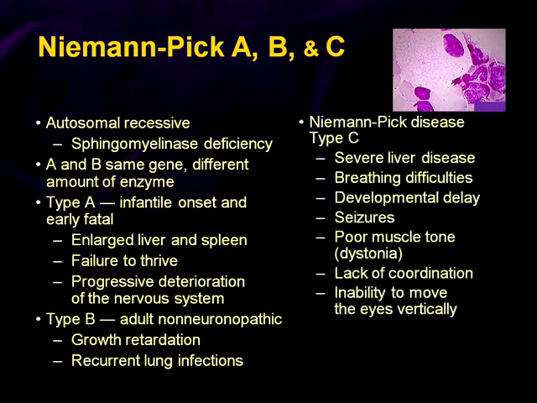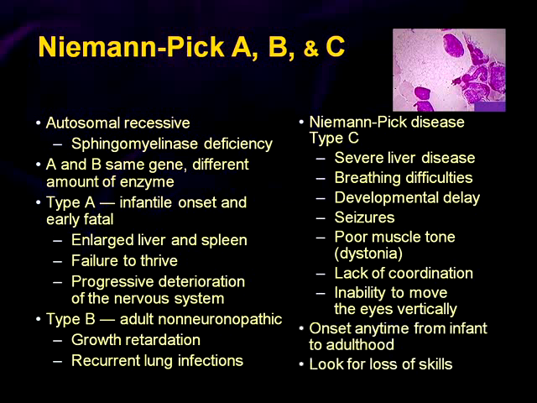Type C is a different gene, but gives you severe liver disease, breathing difficulties, developmental delays, seizures, dystonia, poor coordination, and inability to move the eyes vertically. And this can onset any time from infant to adulthood. And for this one, you also want to look for loss of skills.